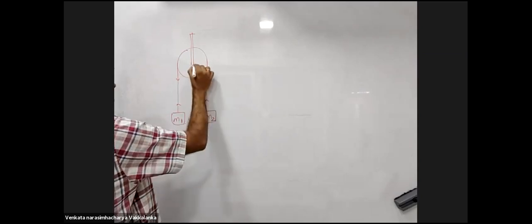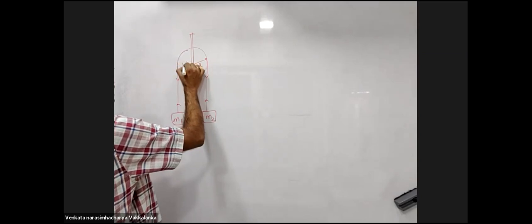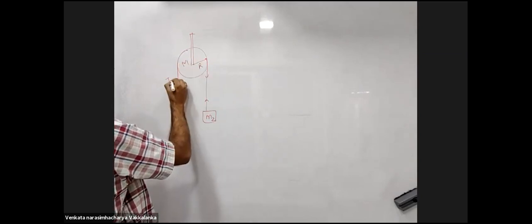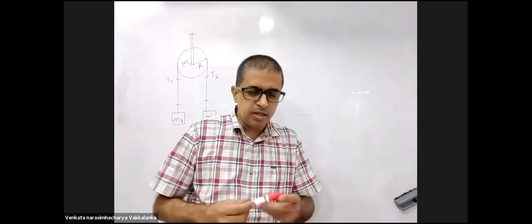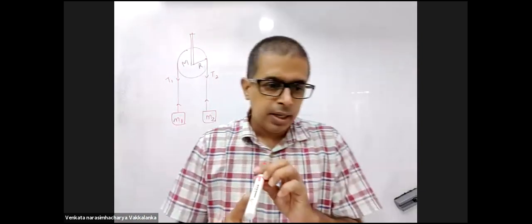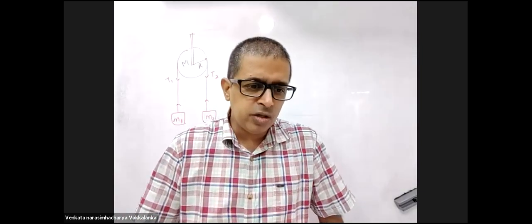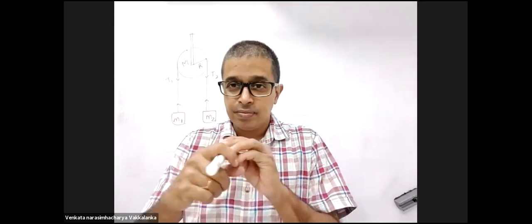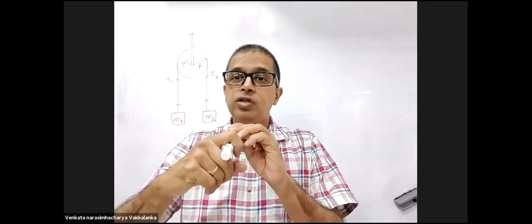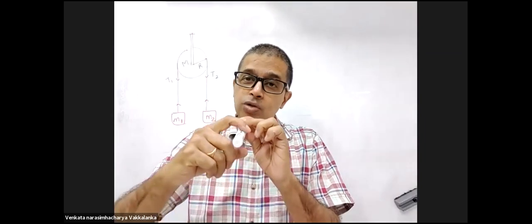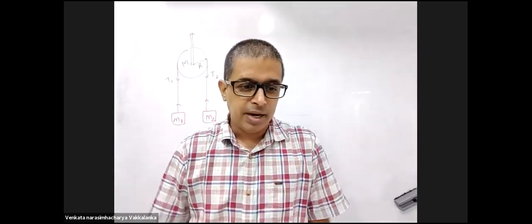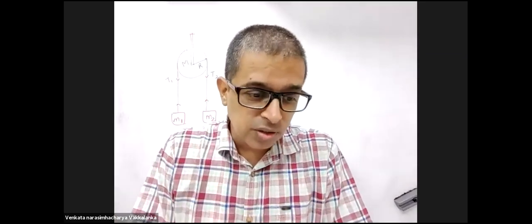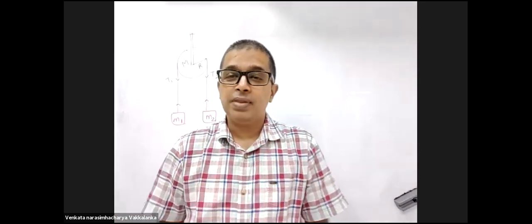Till now, whenever the pulley was smooth, you used to tell me the tension on both sides is the same. Till when the pulley is smooth, the tension on both sides will be the same. Right?